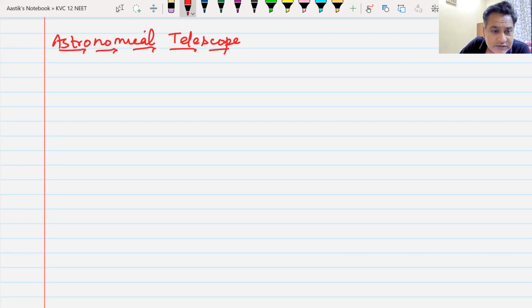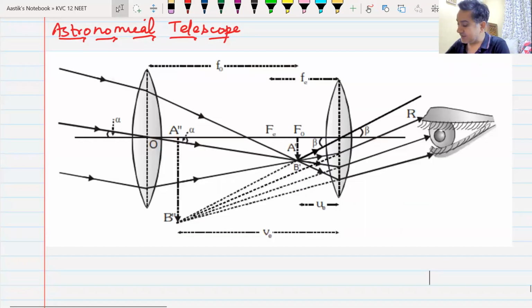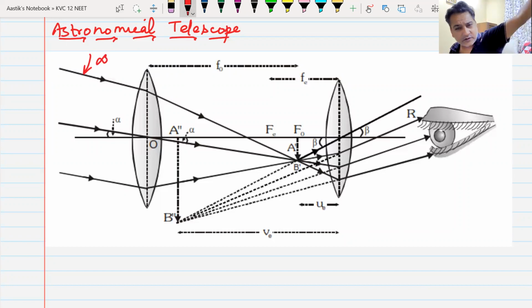Again, this astronomical telescope. I'm showing you the diagram, and you will have to draw that diagram and remember some important things in that diagram. What are the important things that you have to remember? See, these rays, they are coming from infinity. Very far off.